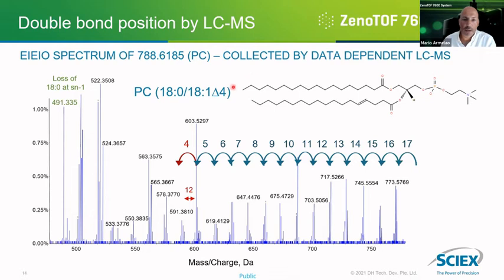And here's an example of how we can keep fragmenting the fatty acid backbone until we hit the double bond. Because of that, the loops of 14 Daltons become 12 Daltons, and we can assign directly where our double bond position is. So I know here it is in the 4th position, which is uncommon, but that's exactly where Mackenzie found it. I really can't explain why that is.